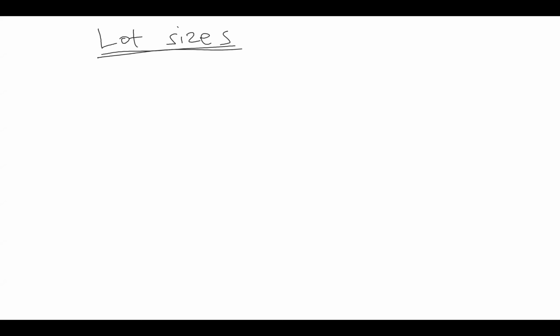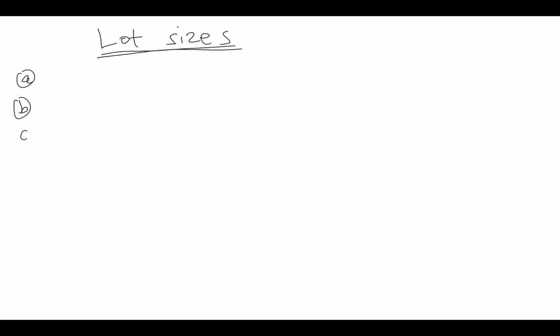Now, before you start using lot sizes, it's very important that you understand what these lot sizes mean. So now we have 3 types of lot sizes. I don't know how many of you have come across lot sizes, but is there anybody that can mention them in the chat? The 3 types of lot sizes we have.